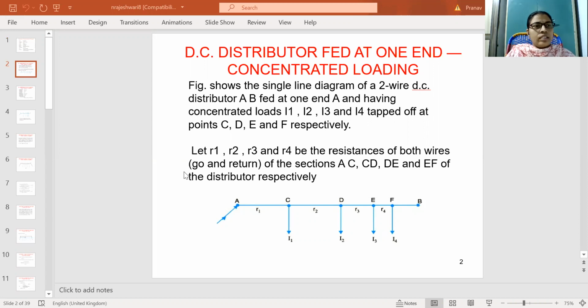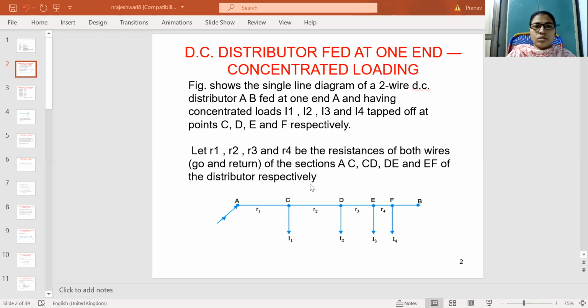So in today's class, we'll discuss the DC distributor fed at one end with concentrated loading, the both ends, and also uniformly loaded distributors. First of all, the DC distributor fed at one end with concentrated loading.